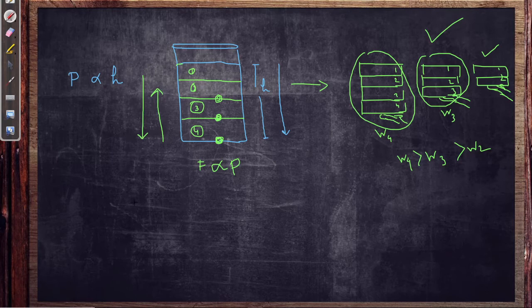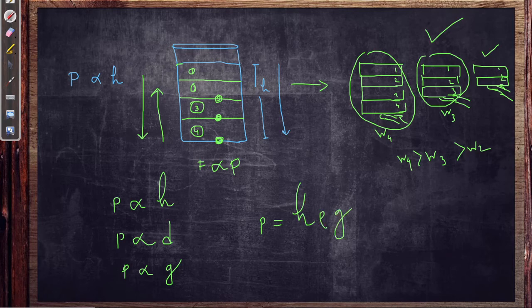Alright, so this pressure depends upon a few things that we have to know. The pressure of any fluid or liquid depends upon the depth, I'm referring to it as H, the density of that fluid, that is D, and obviously the gravitational acceleration. So by combining all this, you can write that P equals H rho G. Also you can write that P is proportional to H. Oh sorry, I put it as D, so rho is not going to work.